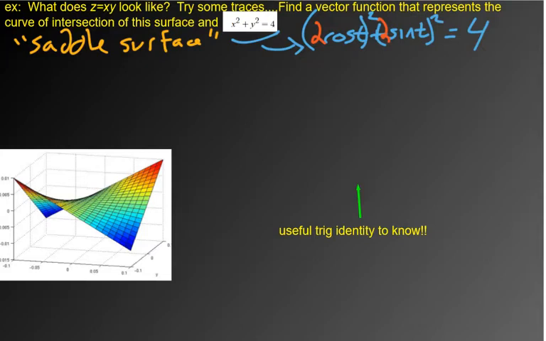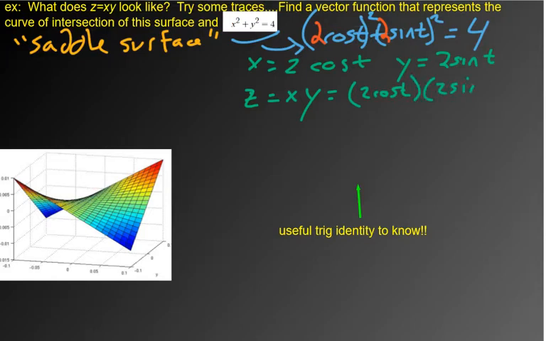So you know that x is 2 cos t and y is 2 sine t. And then you just need to get z. We can do what we did before: we know z equals xy. So if we do 2 cos t times 2 sine t, we get z is 4 cos t sine t.